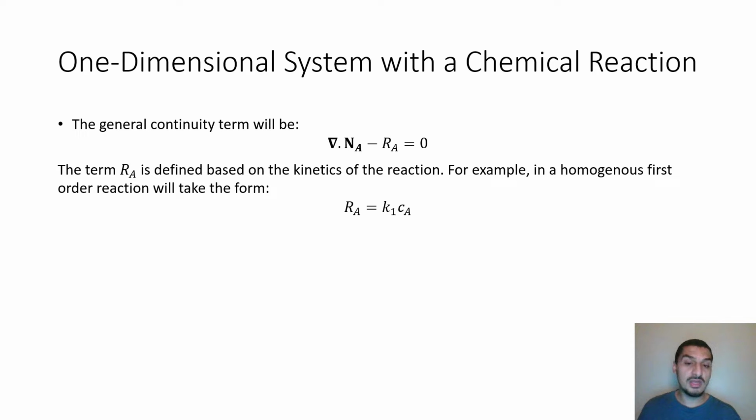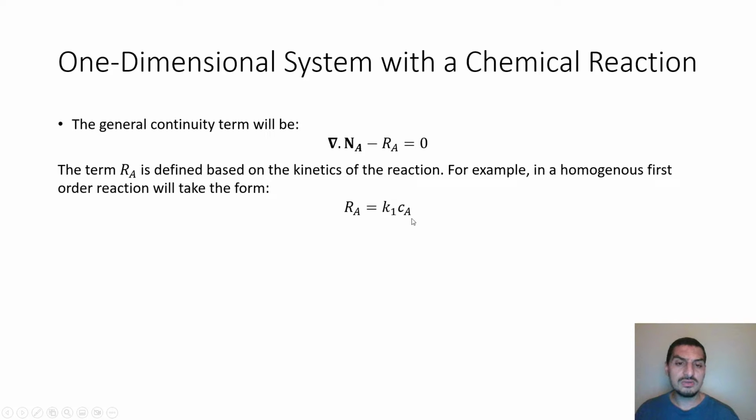It might have any form, and as we said earlier, the rate equation is an equation that relates the speed of reaction to the parameters that affect the reaction, mainly the concentration of the reactant, sometimes the products, the temperature, the pressure, and many other parameters. Some of these parameters will be included here in the K, which includes mainly the temperature. Sometimes it includes the other parameters.